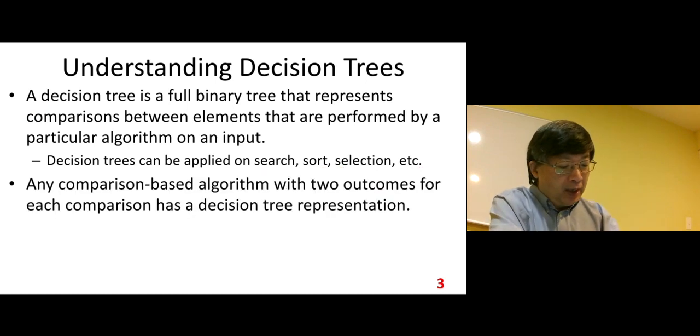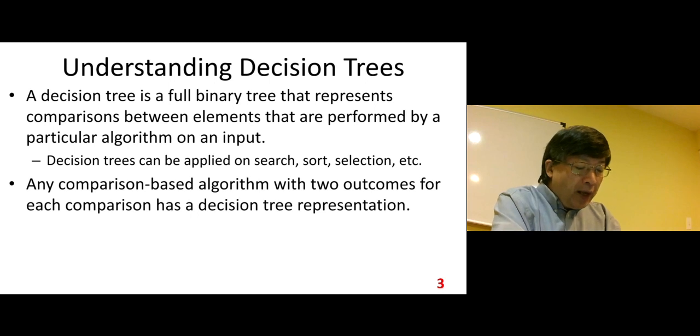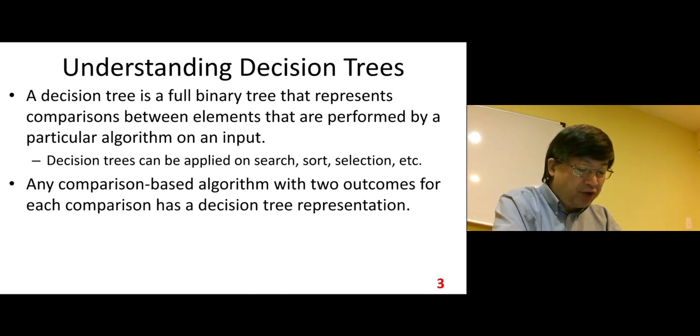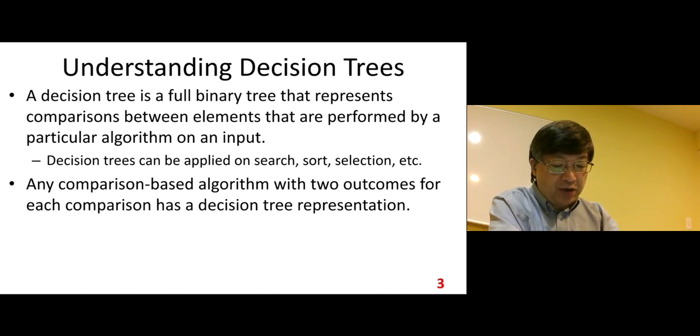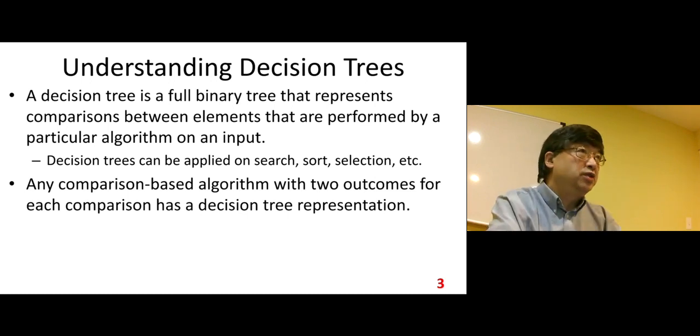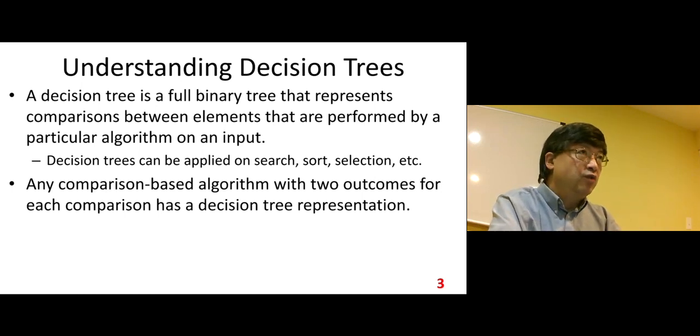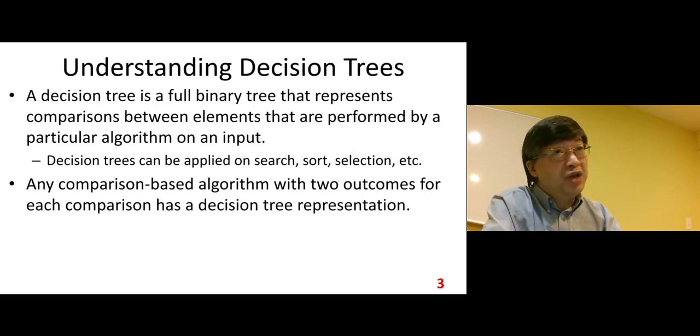Second, any comparison-based algorithm with 2 outcomes for each comparison has a decision tree representation. That's just a direct result from the first one. So we can draw a decision tree. It is very general.